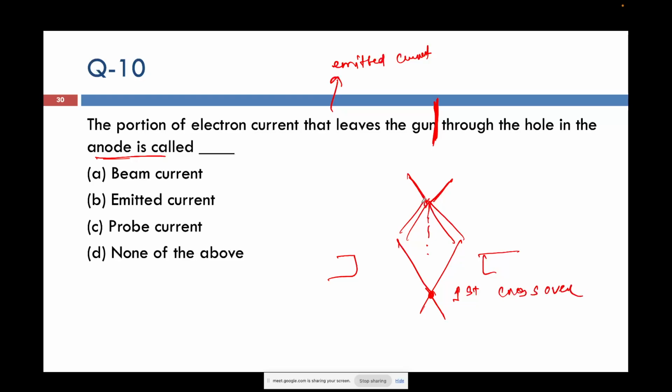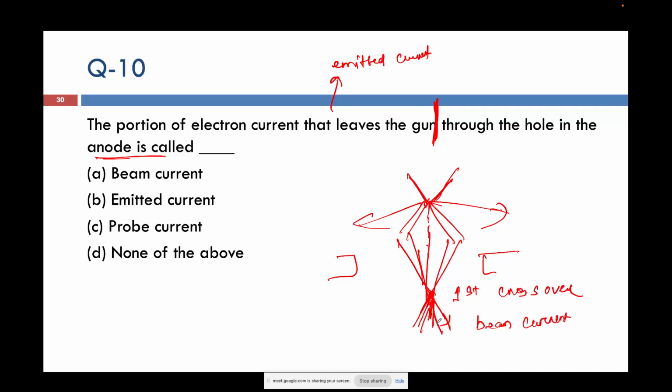It is not necessary that all electrons form this first crossover; some electrons might go in some other direction. All the electrons which meet at the first crossover, and beyond that, are called beam current, because this is our electron beam, and we want to put it on top of the sample.